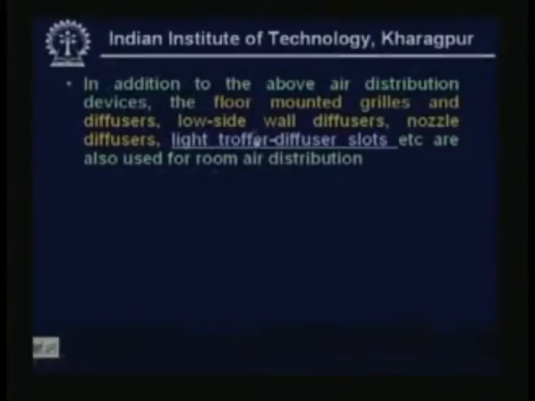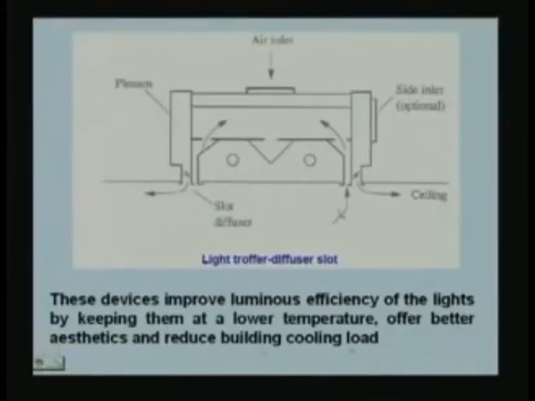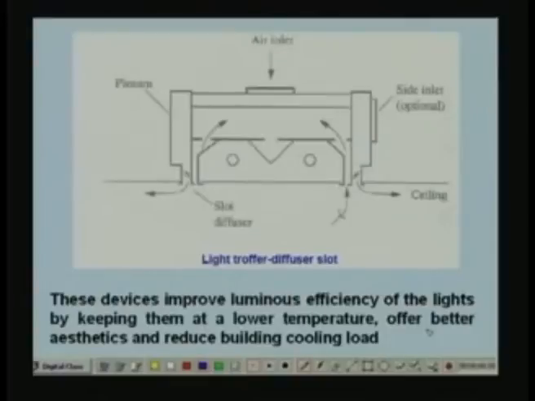There is also a special device called a light troffer diffuser slot. Let me show a schematic of this. This schematic shows a light troffer diffuser slot. It is a housing which includes fluorescent lamps. These are the fluorescent tubes, or tube lights, and they are installed in the ceiling. The same housing consists of return air inlets.